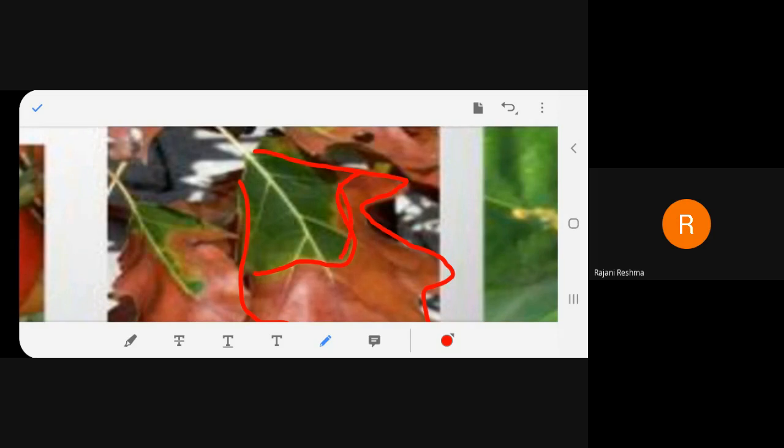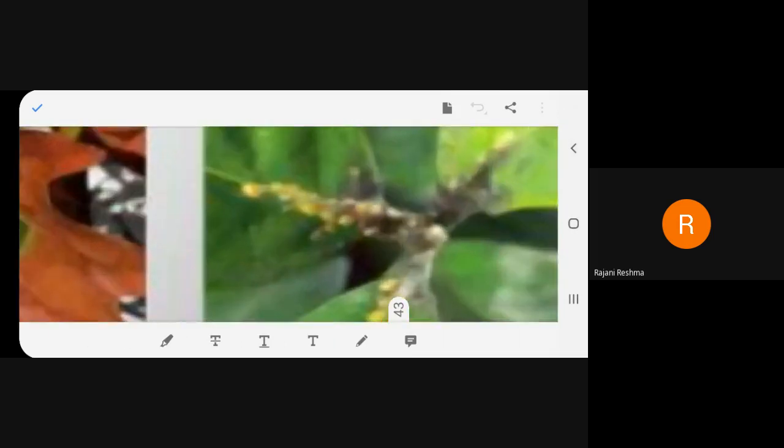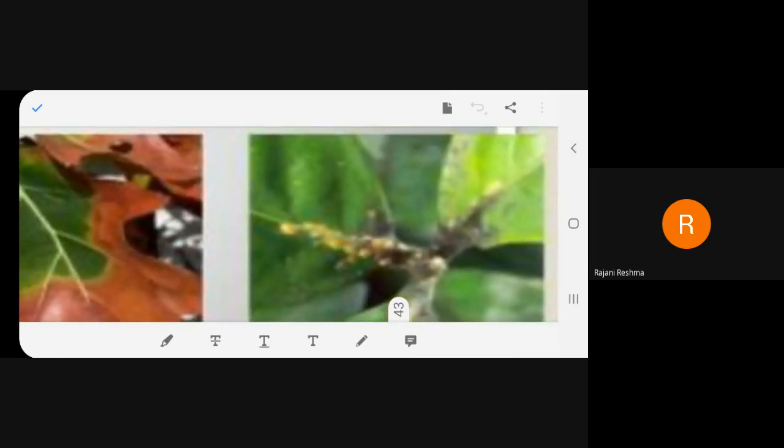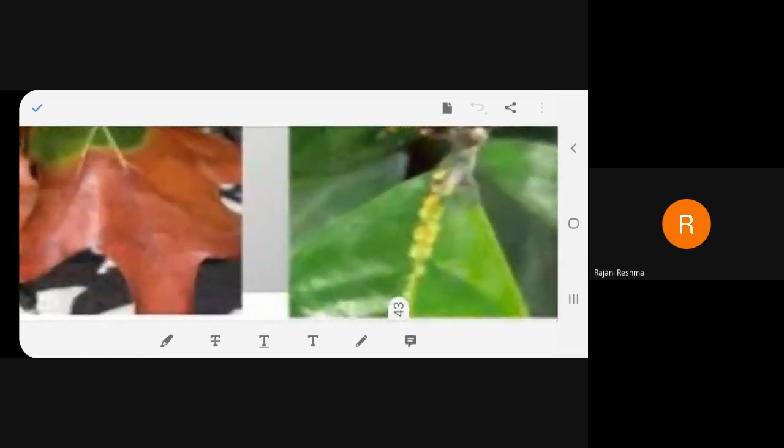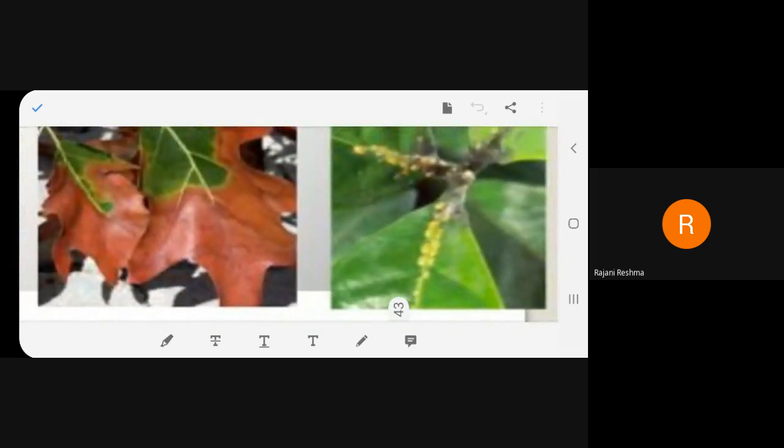Only this much portion is green. The rest of the portion has become brown. That means the leaves cannot photosynthesize. Understood? Yes, ma'am. Next one is here. Here, you can see the veins. These are the veins of the plant. It has become black. Got it? So this is what the microbes do.